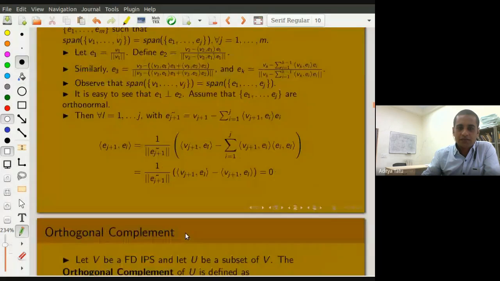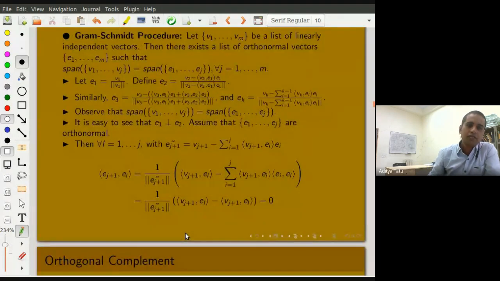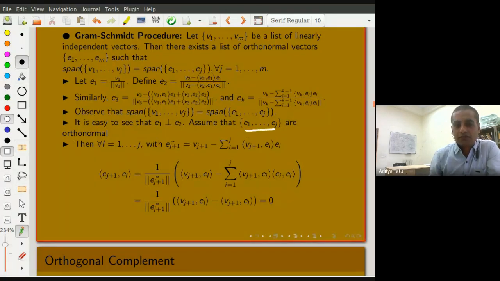So in general, the induction process says that let's assume E1 to EJ are orthonormal, and we are supposed to show that if I include EJ plus 1 in this, I still have an orthonormal set.